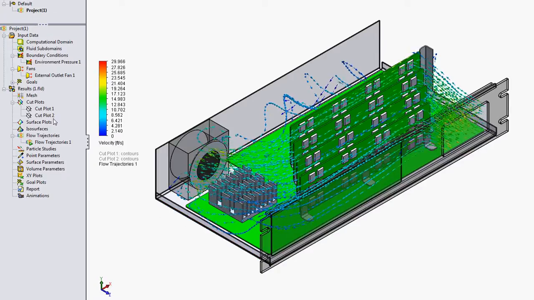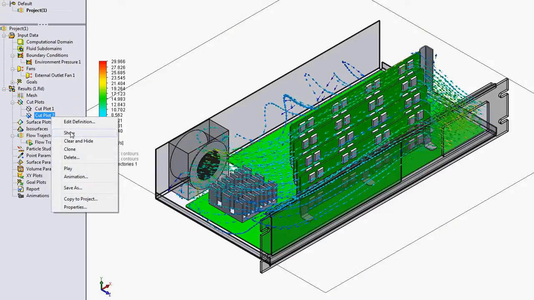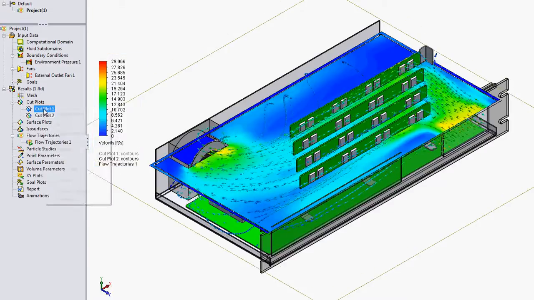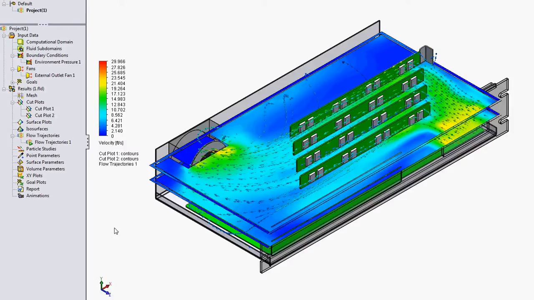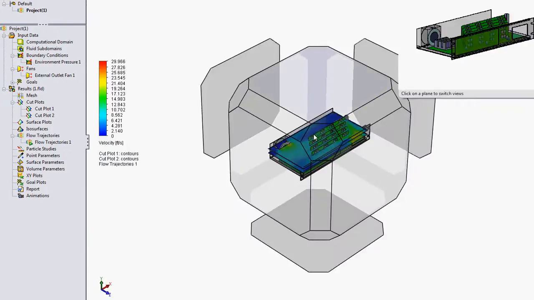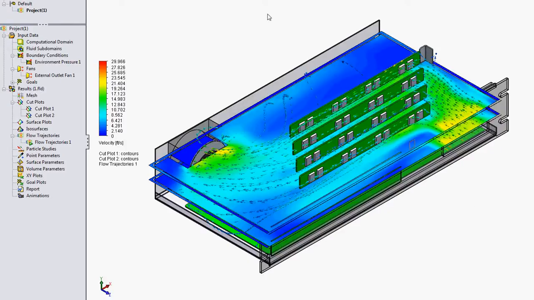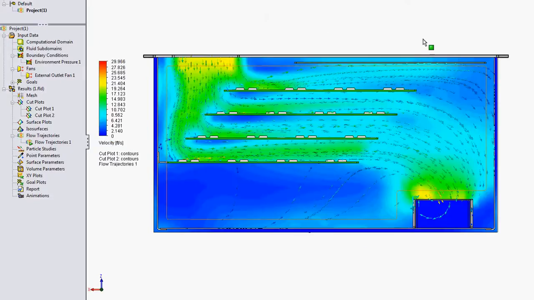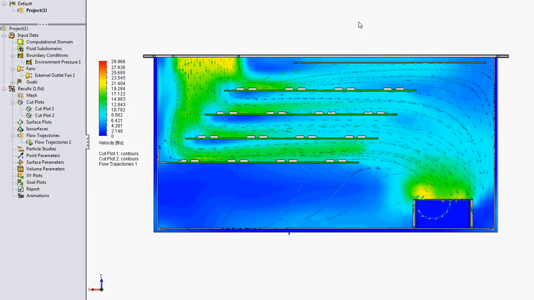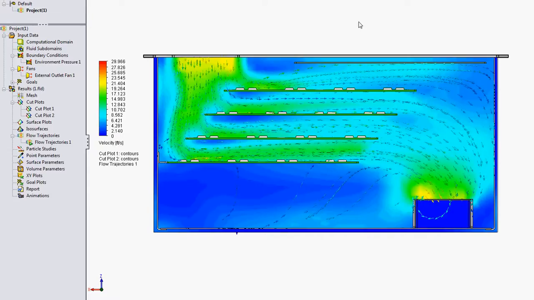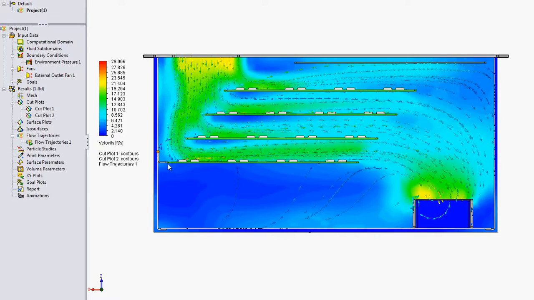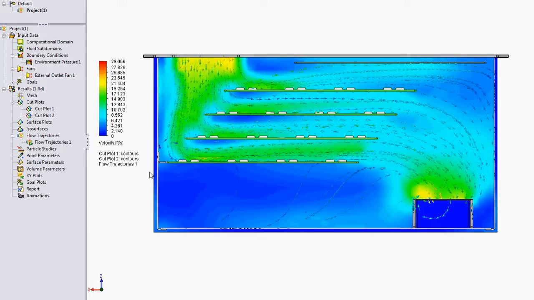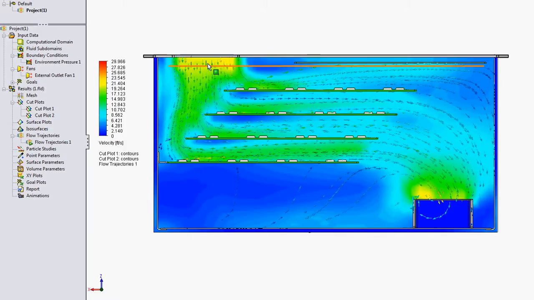All right, so I'm going to take a look at some cut plots here. Okay, so basically the idea here, you can see there's a little baffle bracket that I've placed in here, but basically we're intaking here, air is being pulled out through the exhaust here.